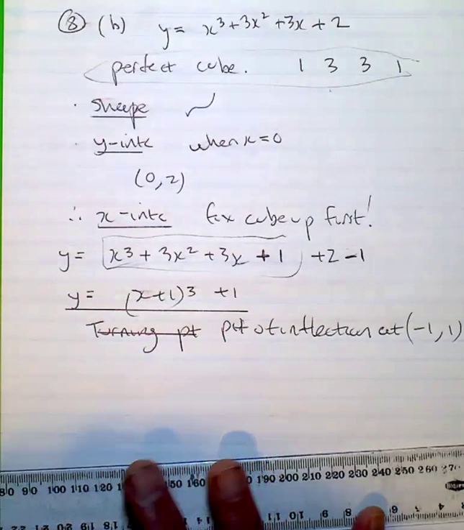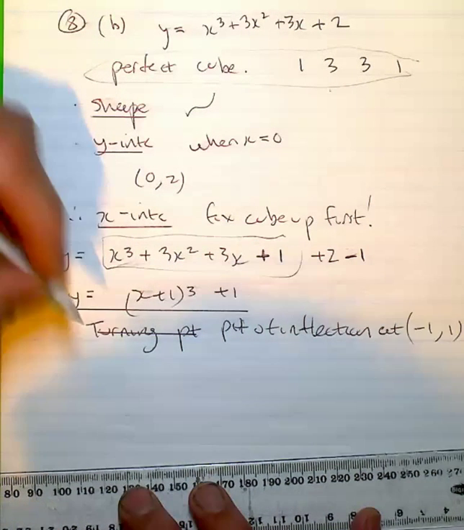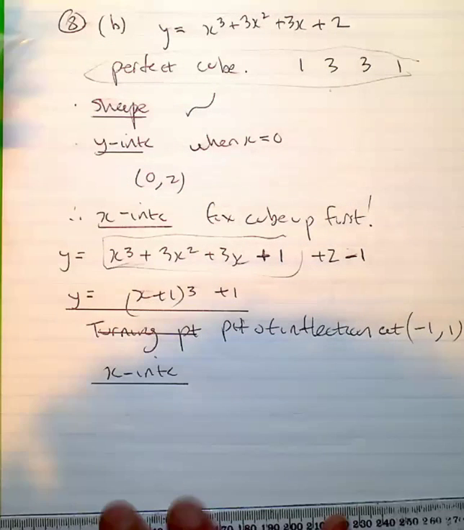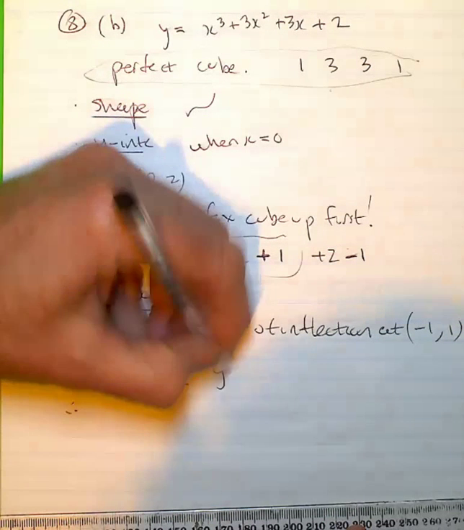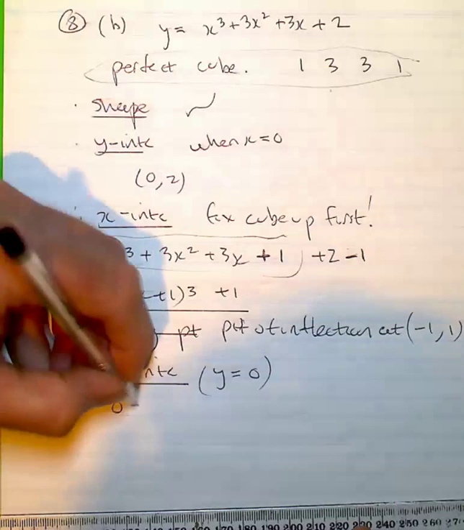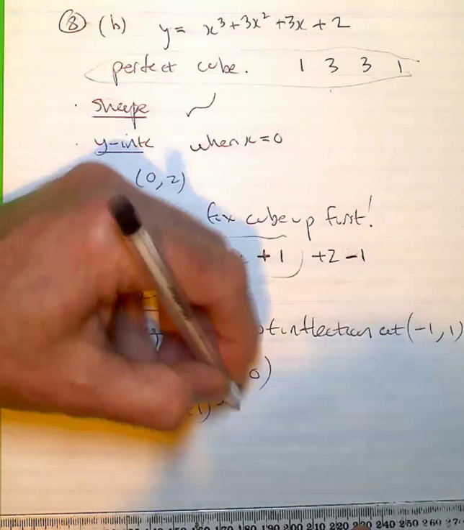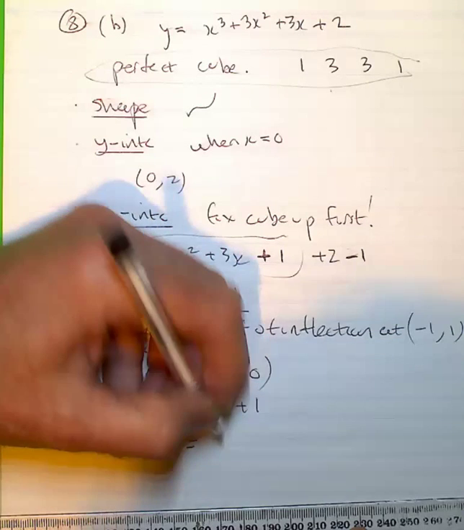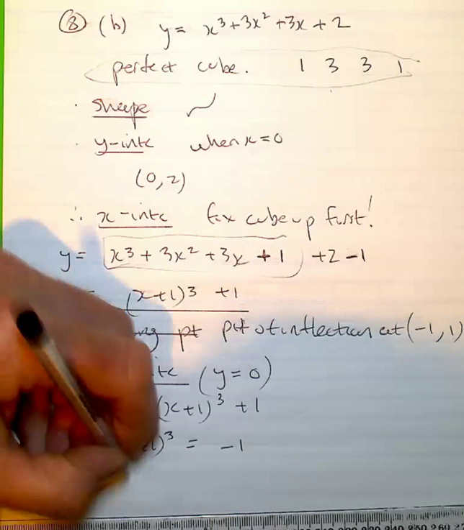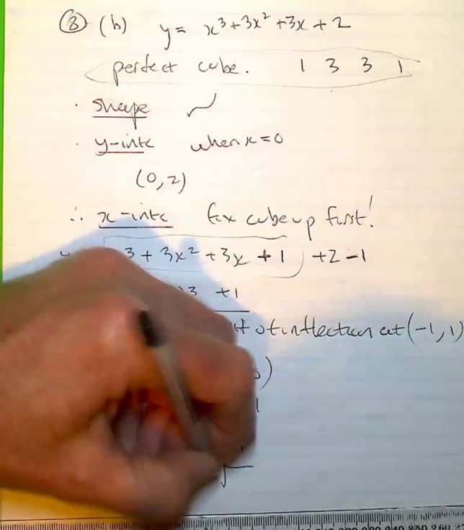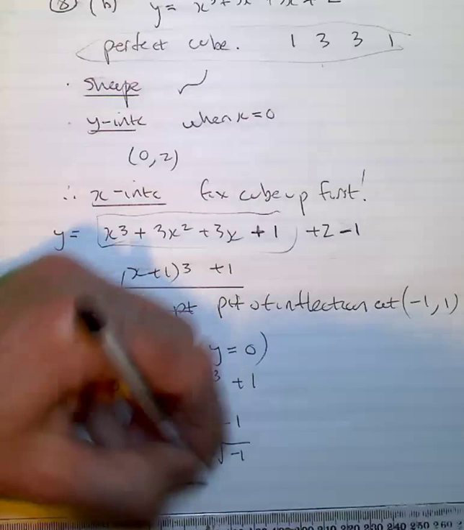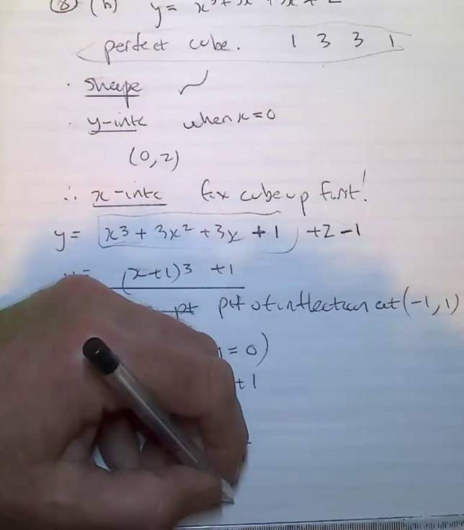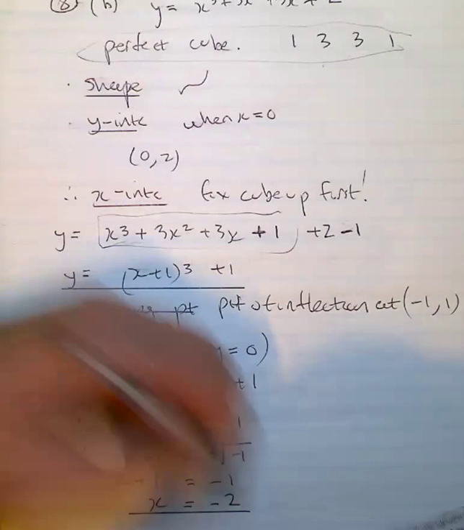I can then go ahead and find the x-intercept now, when y is equal to 0. Cube root of negative 1, which is going to be negative 1. So in this case, it's going to equal negative 2.